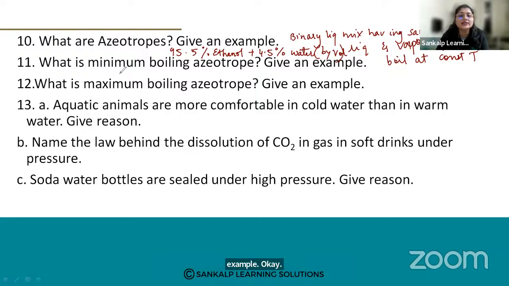Next is, what is a minimum boiling azeotrope? Give an example.